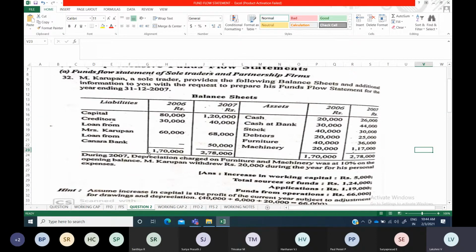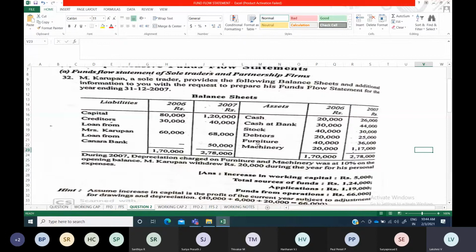Before going into that, let us discuss the current assets and current liabilities, so that we can put them under the statement of changes in working capital. The first step, as usual, is the statement of changes in working capital, then the fund from operations calculation, and the third step is the fund flow statement. These are the three steps.